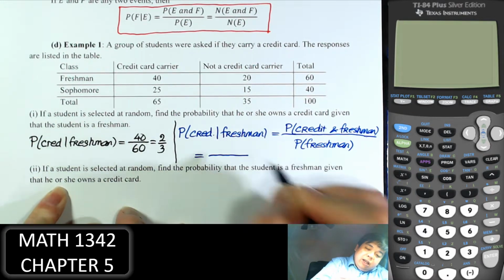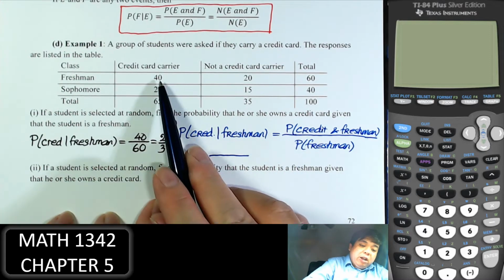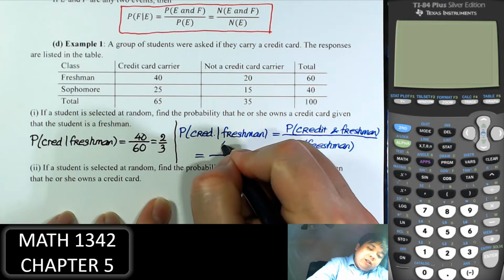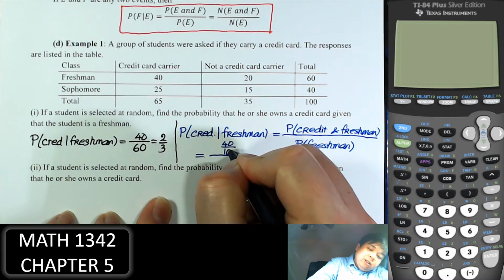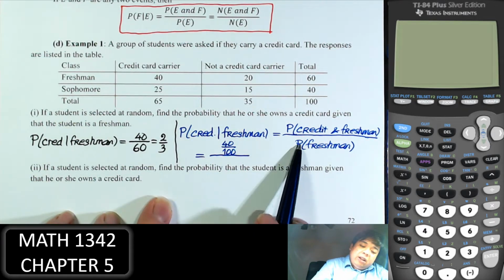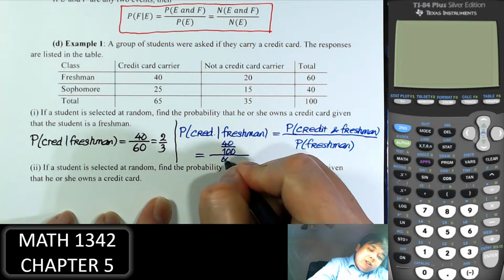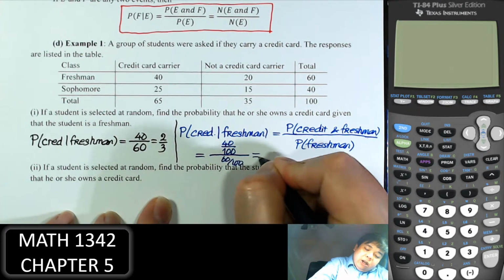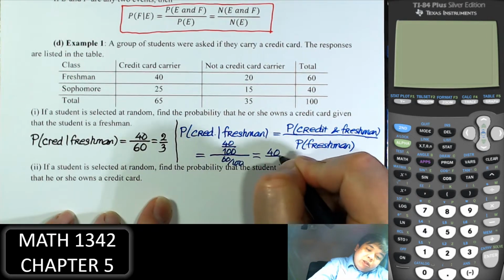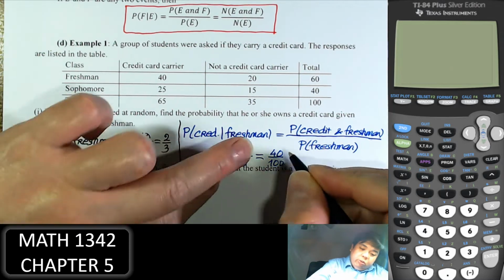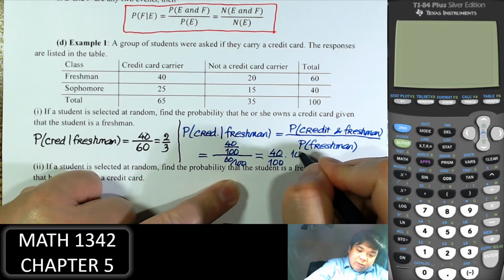Now, getting a credit card and freshman, that will be 40 out of 100. And getting a freshman, there are 60 freshmen out of 100. Dividing a fraction is multiplying by the reciprocal. So we'll flip the second fraction.